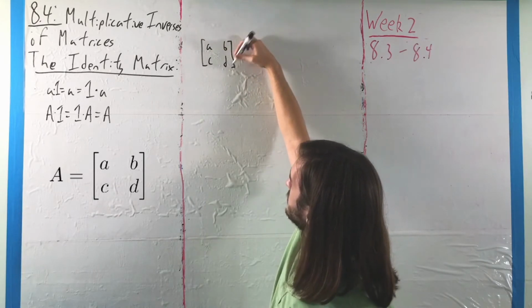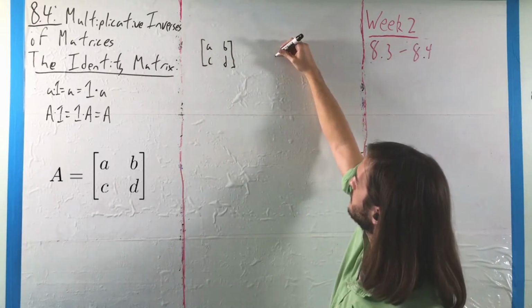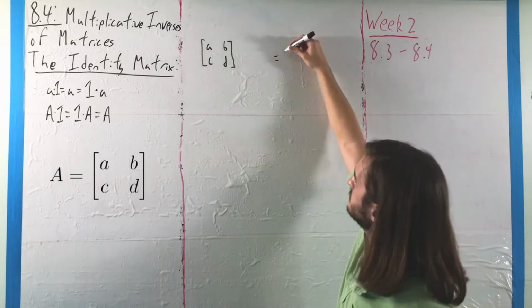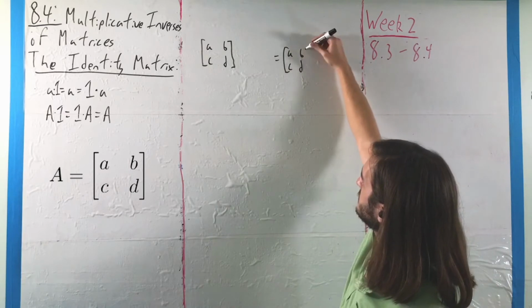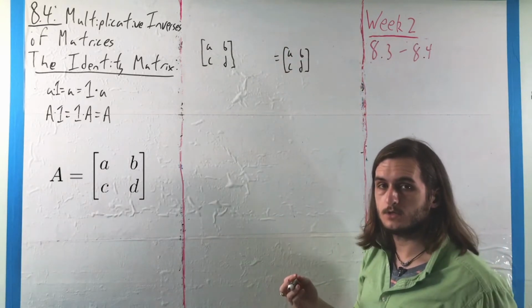And our goal is to multiply it by something in a matrix form and get back the exact same A, B, C, D. We want nothing to change.